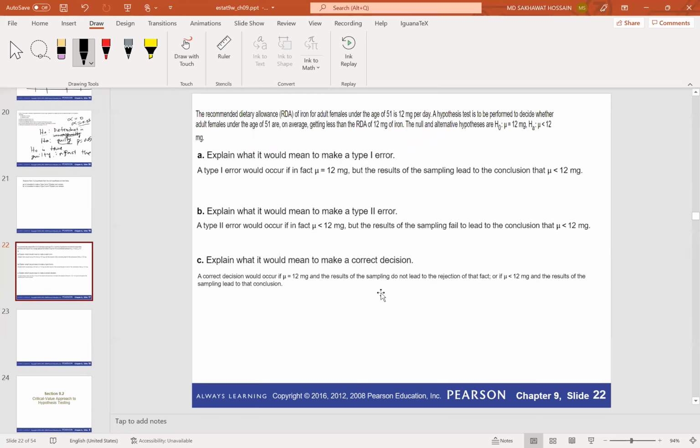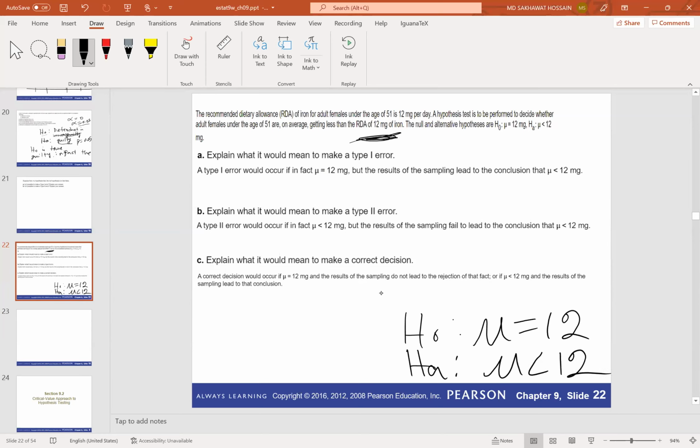A hypothesis test is to be performed to decide whether adult females under the age of 51 are on average getting less than 12 milligrams of iron. So the null is mu equals 12 milligrams and the alternative is mu less than 12 milligrams.